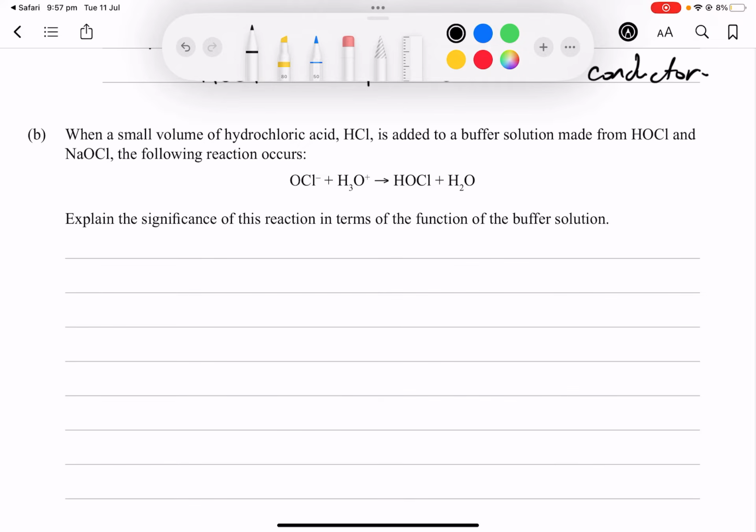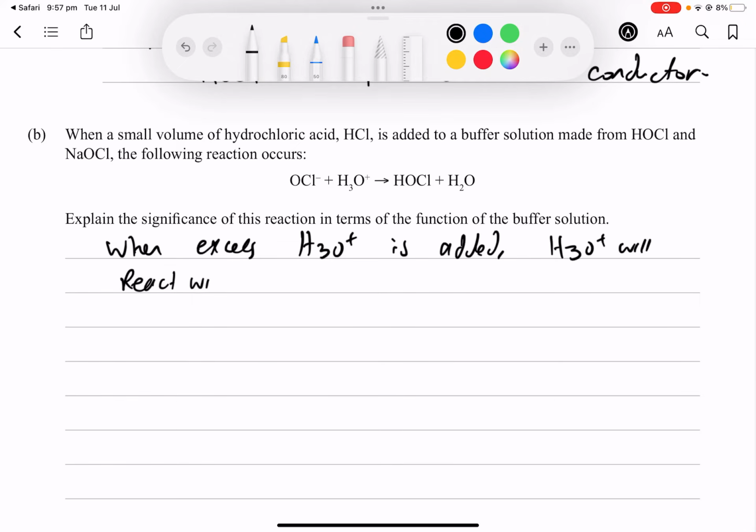So we say that when excess H+ is added, it will react with OCl minus.